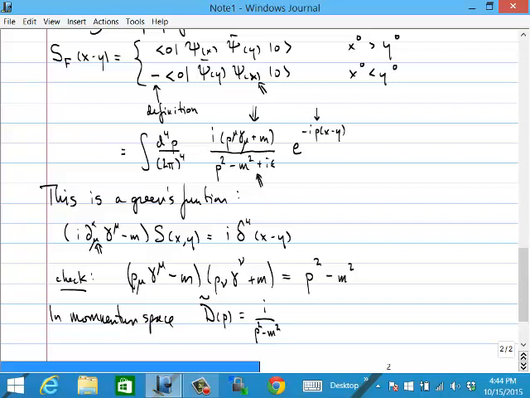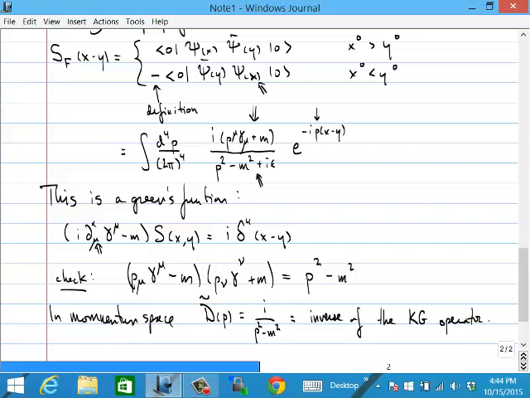Well, what's p squared minus m squared? That's the Klein-Gordon operator, right? Written in momentum space rather than position space. So the scalar propagator is precisely the inverse of the Klein-Gordon operator.